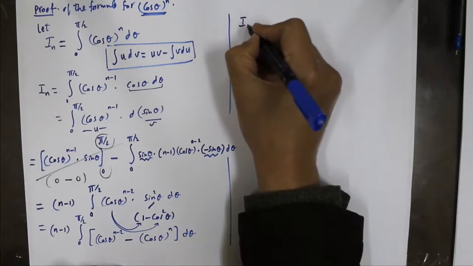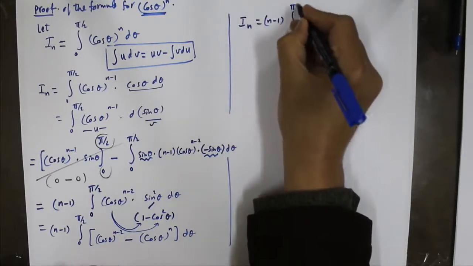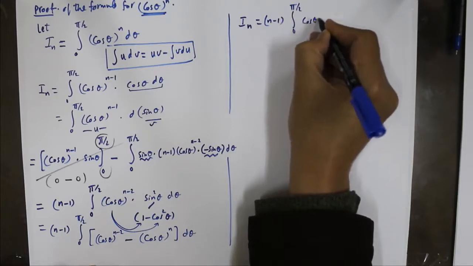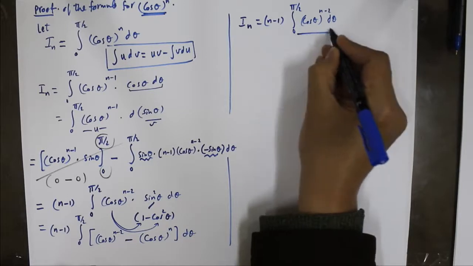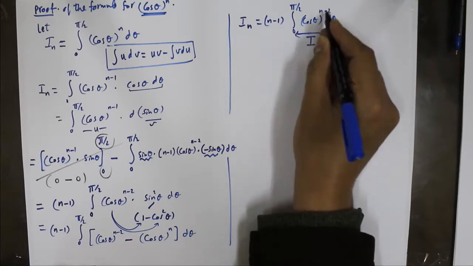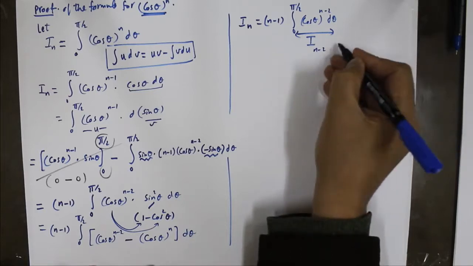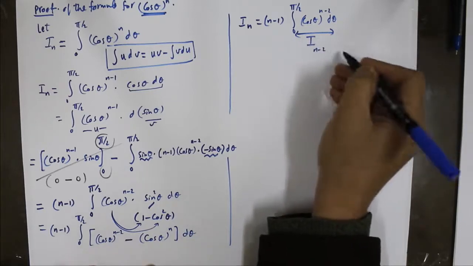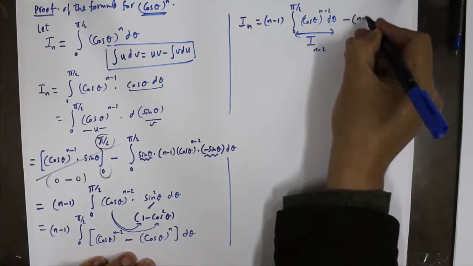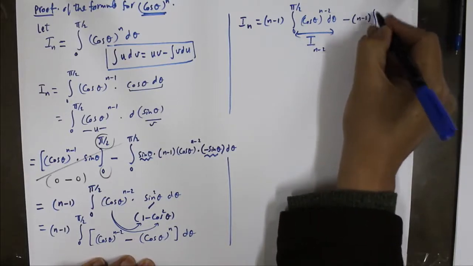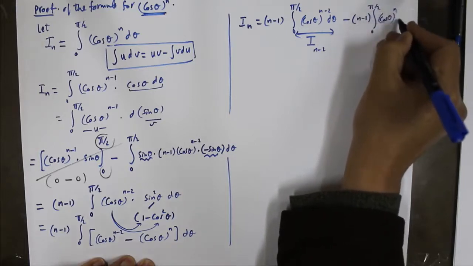Now we have I_n equals n minus 1 times the integral from 0 to pi over 2 of cosine theta to the n minus 2. Look carefully to find that this is the same original integral with power n minus 2 instead of n. So we call this I_{n-2}. And the other term will be n minus 1 times the integral from 0 to pi over 2 of cosine theta to the n d theta.